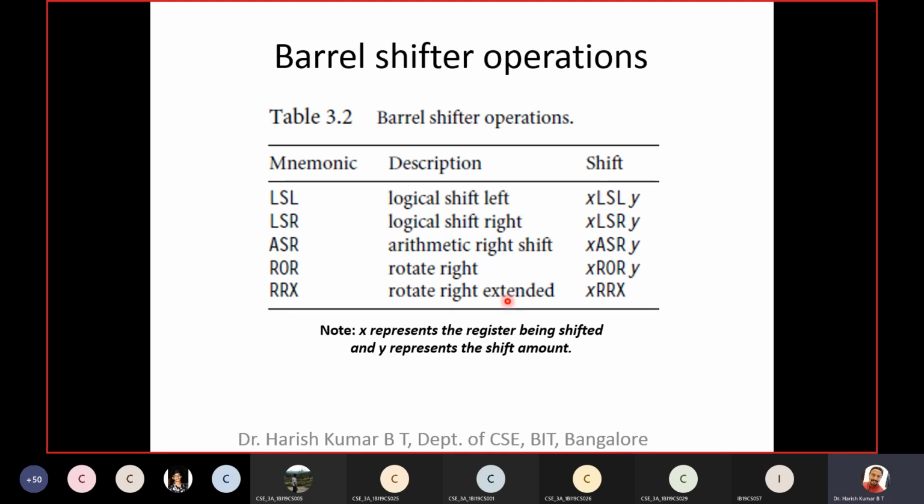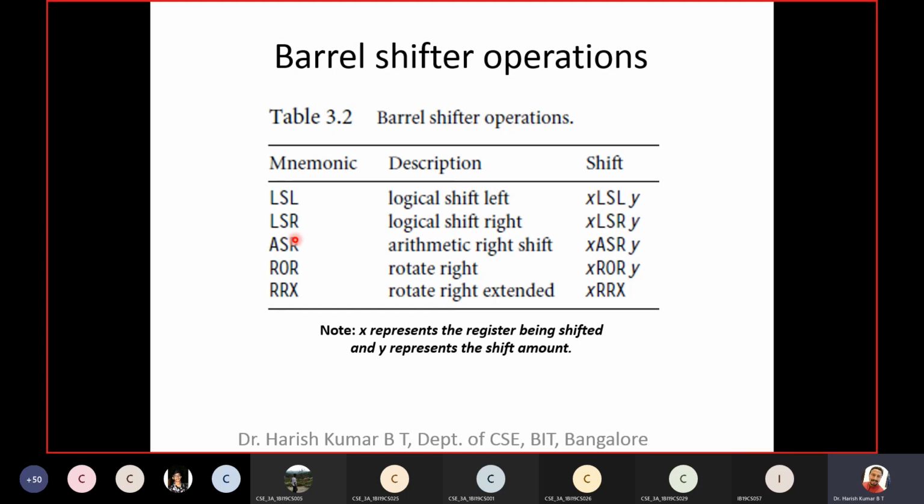X represents the register whose content you need to logical shift left, and Y says the shift amount, how many bits. And then similarly LSR is logical shift right. X is the register whose content should be shifted towards the right, and Y is the shift amount. So this shifts left and this shifts right.